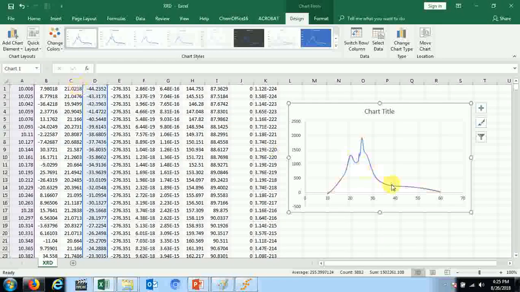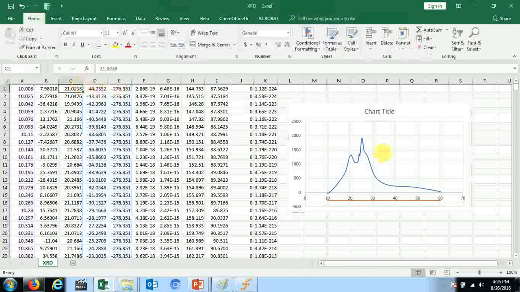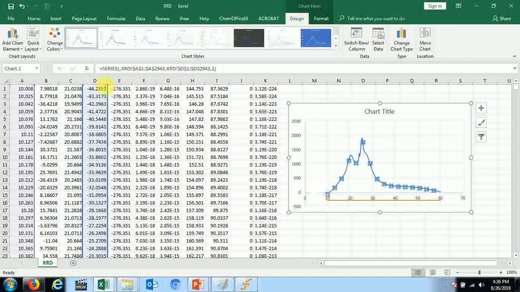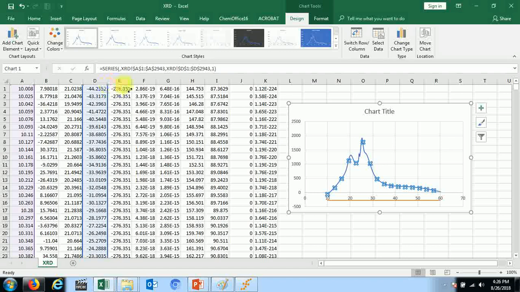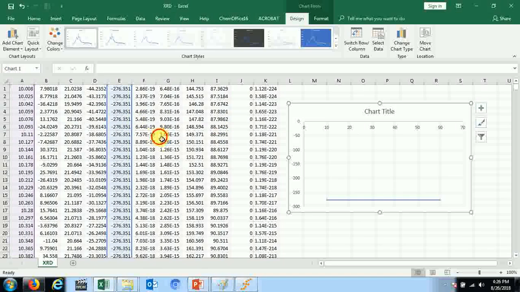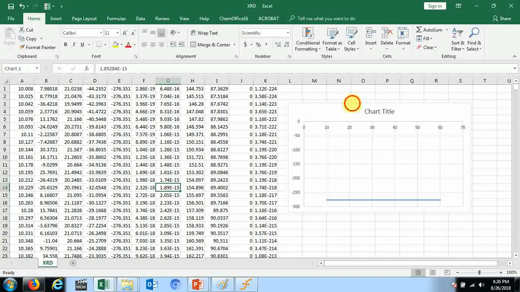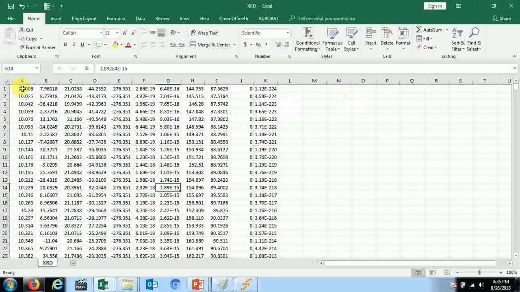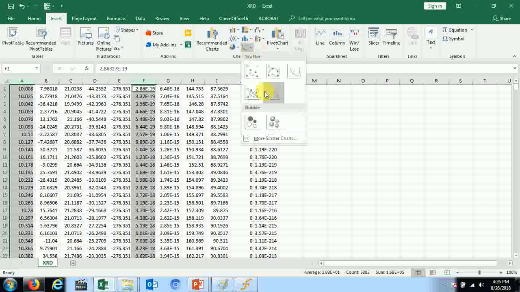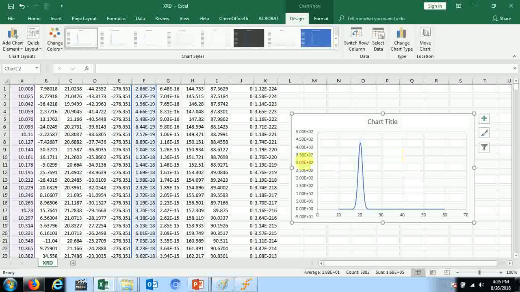This is the smoothened graph, and after that this is the first peak.